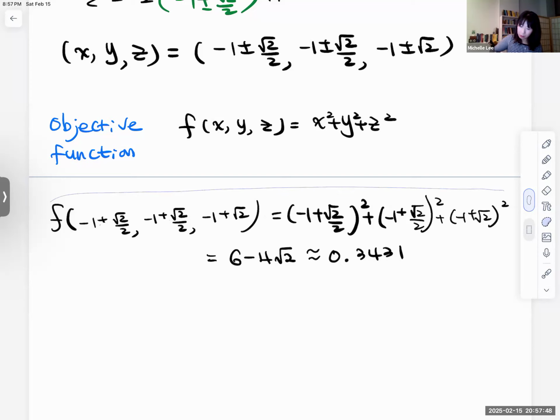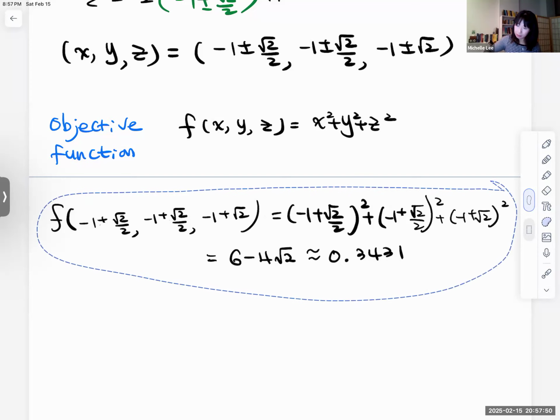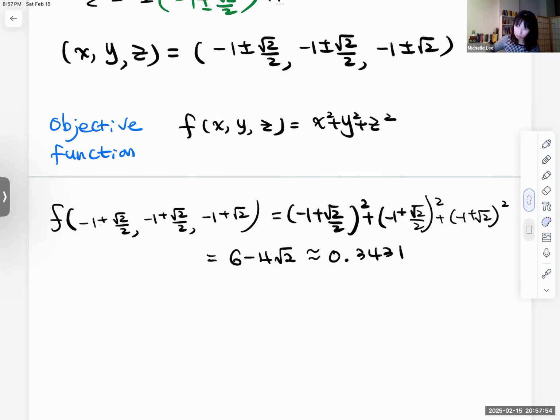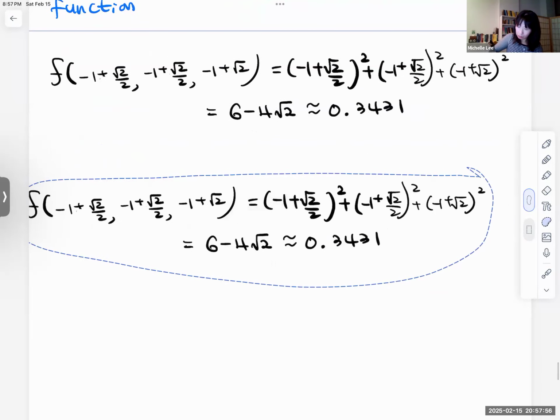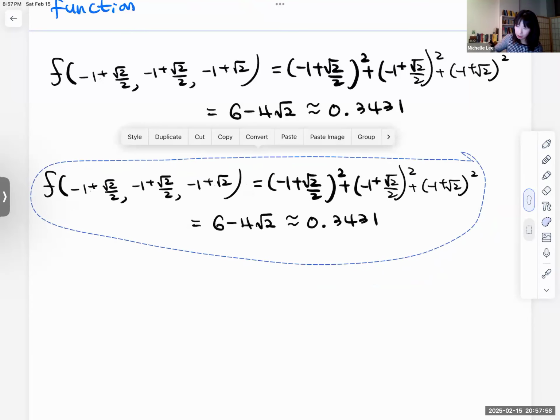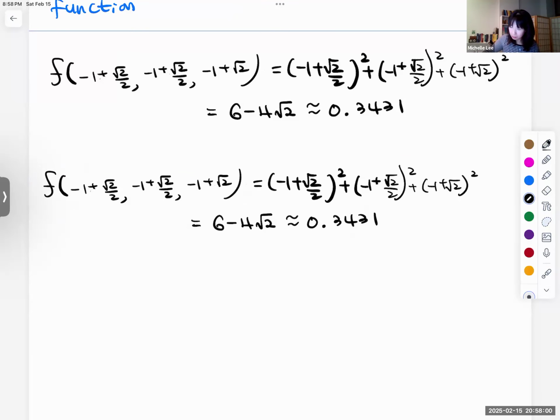And then we're using the negative part. So negative. Okay, so I changed the subtraction from the addition, everything.